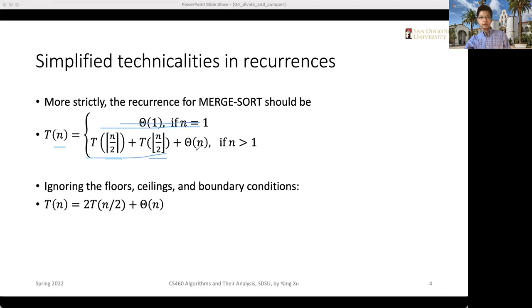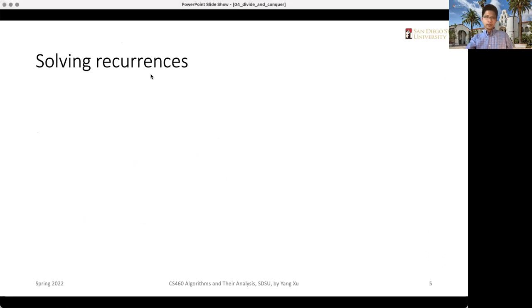We can just keep the recursive case, and we can use 2 times n/2 without the ceiling or flooring, just for a more compact narrative of the problem. Okay.